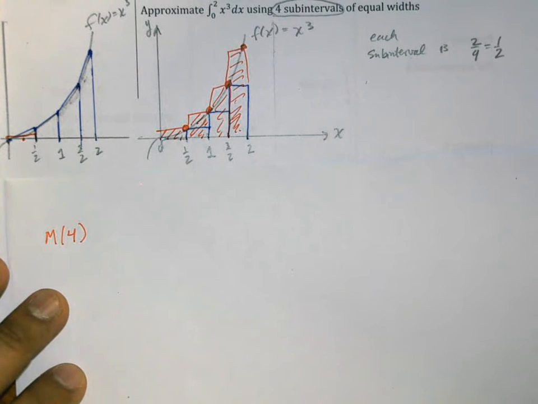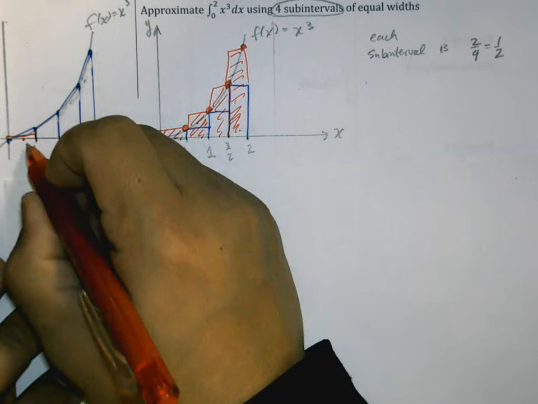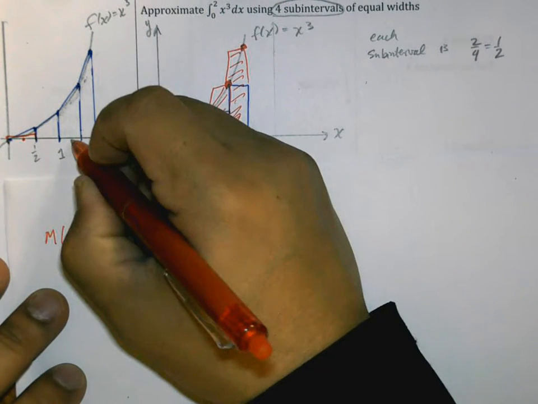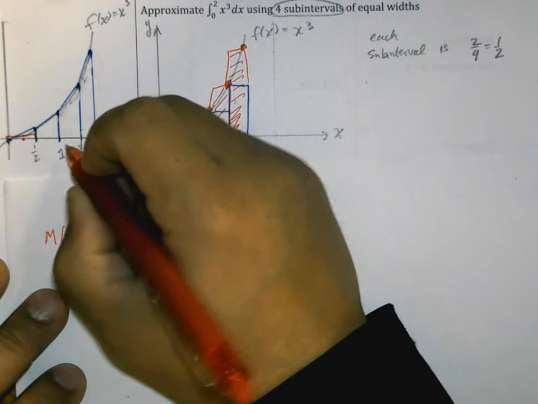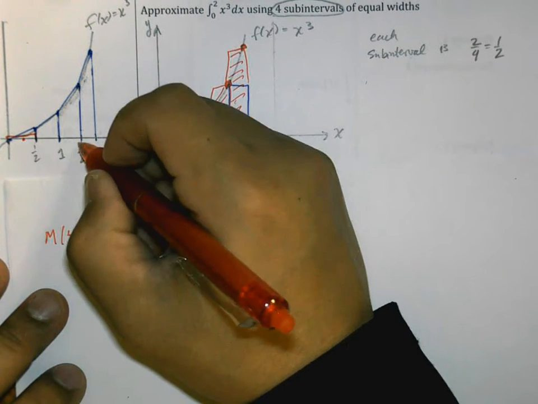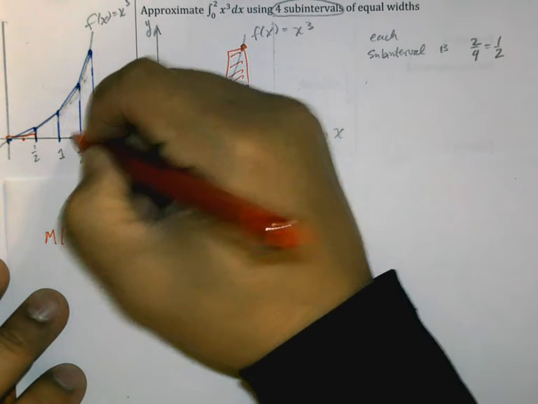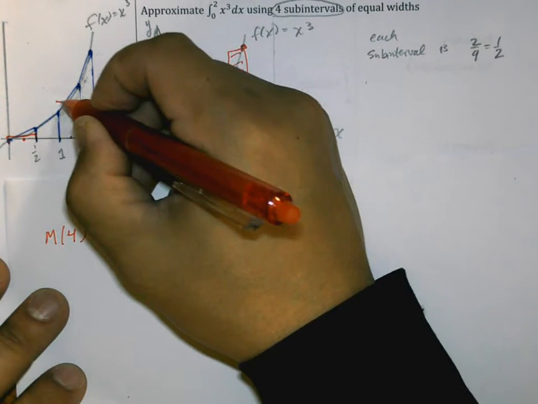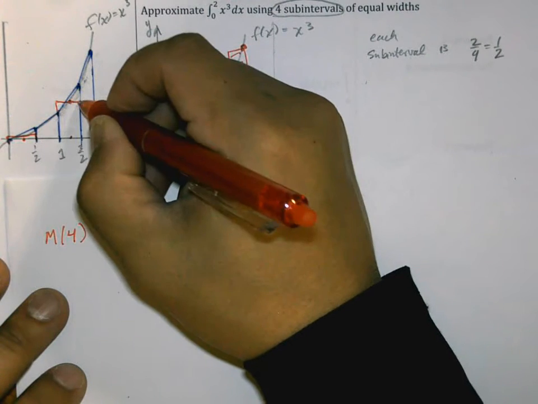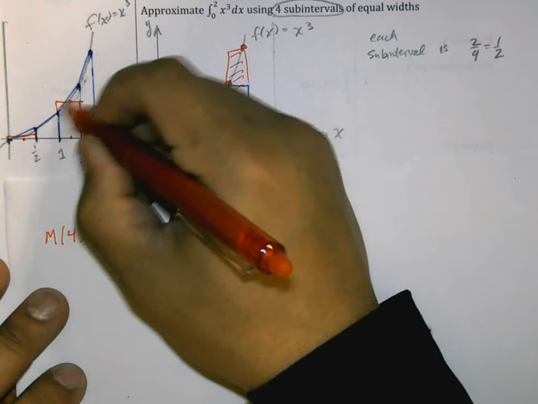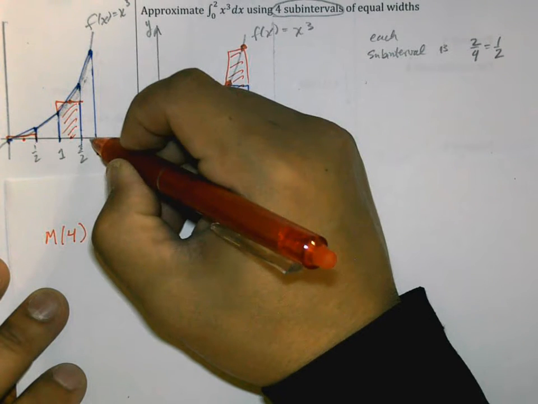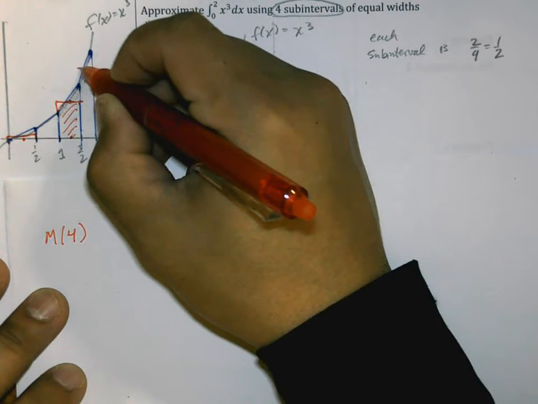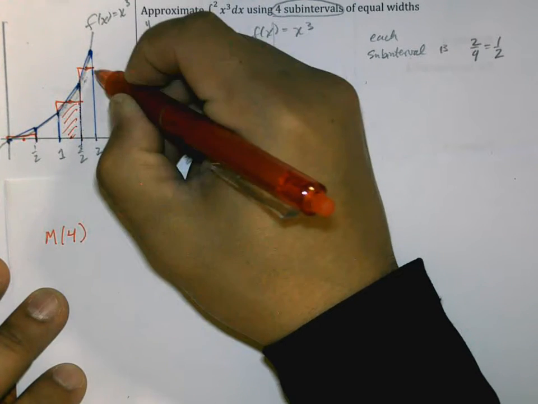Okay, so with the midpoint sum, we are basically going to the midpoint of each of these. And I'll do it on one of these. So between 1 and 3/2 is its midpoint. We're going to go up to the curve and make this rectangle. Between 3/2 and 2, find the midpoint, go up to the curve, and make a rectangle.